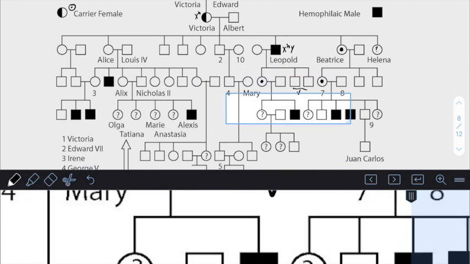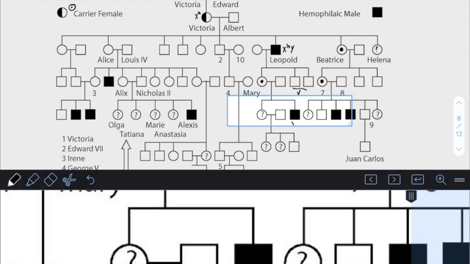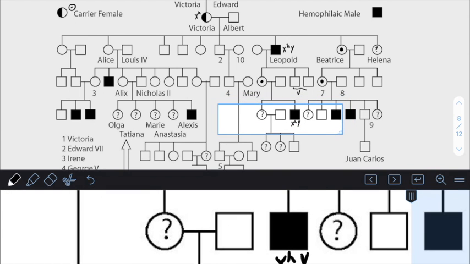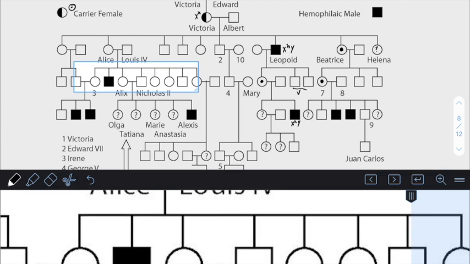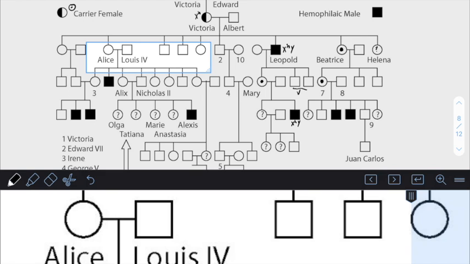And then when she had children, she had a hemophiliac son, and this is the exact same hemophilia gene as Leopold had. Okay, let's move around over here. So here we see another son with the hemophiliac condition, and that also would be that same hemophiliac gene that Victoria carried.